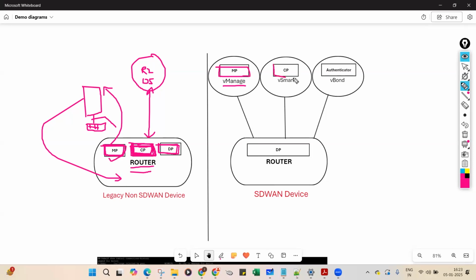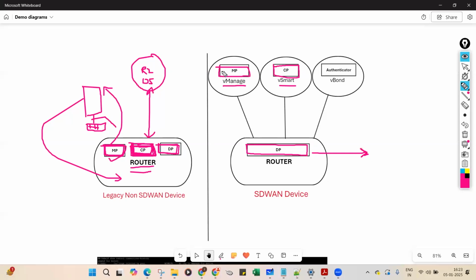The control plane has been removed from the device and it has been put on vSmart. And only the data plane functionality remains on the router. With this step, the efficiency of the router to handle data plane packets has been improved.